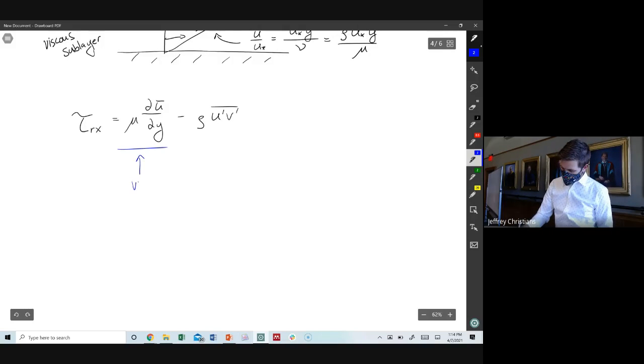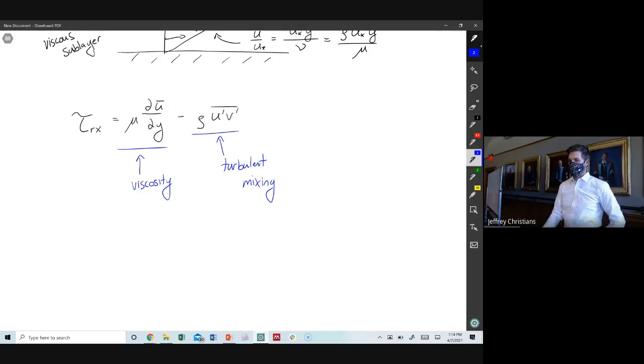This part is from viscosity, and this part is from turbulent mixing, from the swirling and whirling and viscosity that comes along with that.